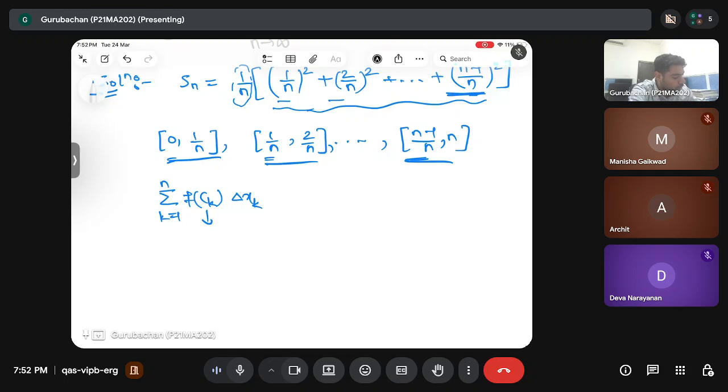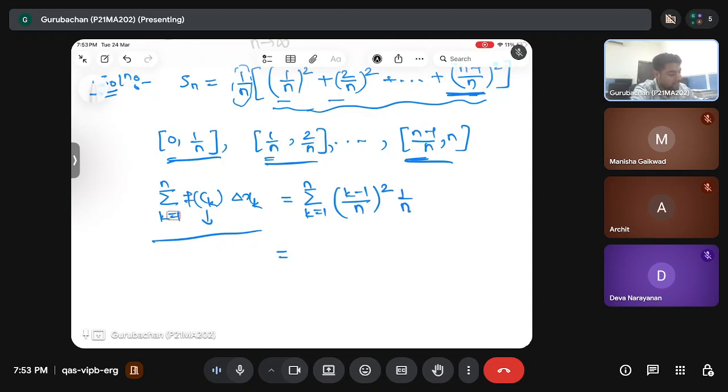So if you will observe here, if you will consider this ck to be some x square, then this will be summation k from 1 to n of k minus 1 by n square times 1 by n.